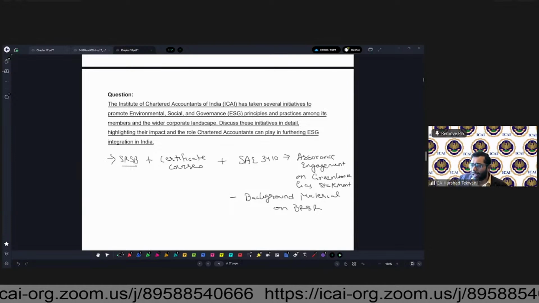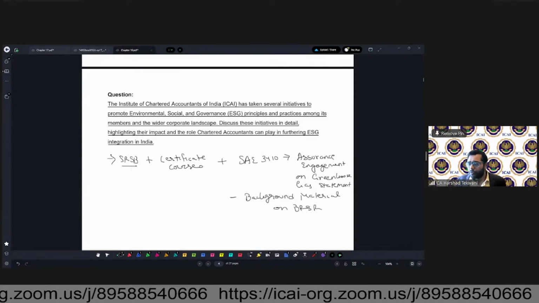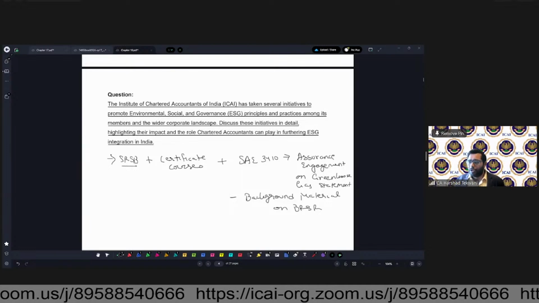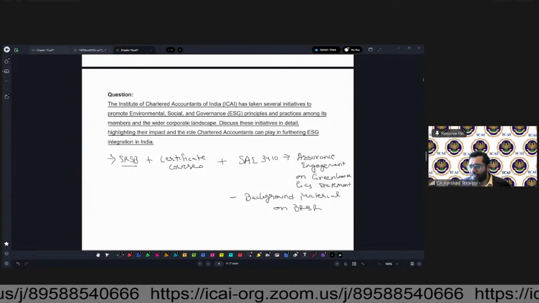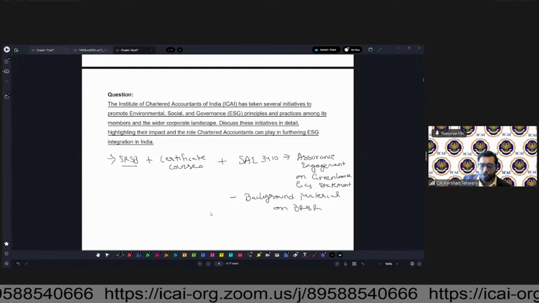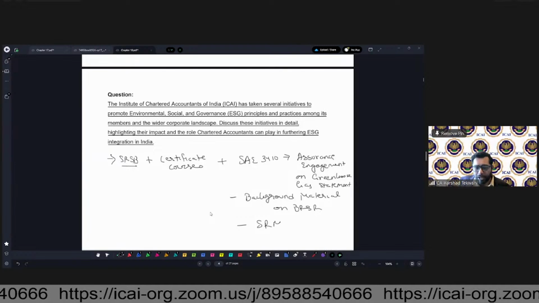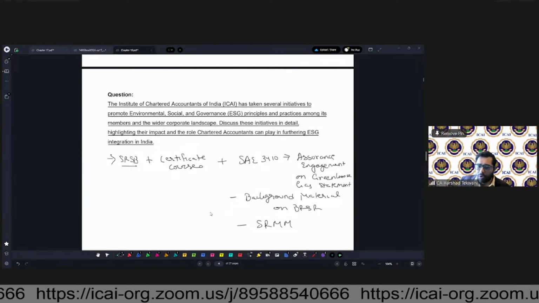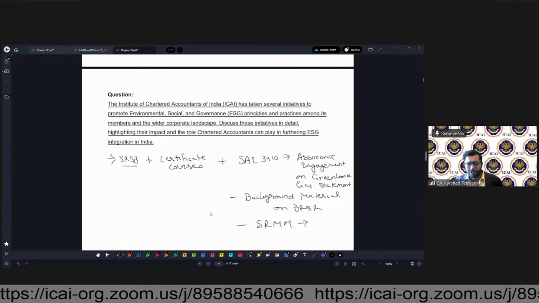Then ICAI also created sustainable development goals for accountants, like goal 1, 2, 5. Also, FAQs on sustainability reporting were introduced. They also introduced the sustainability reporting maturity model, version 1 and version 2. Version 2 was just recently released.